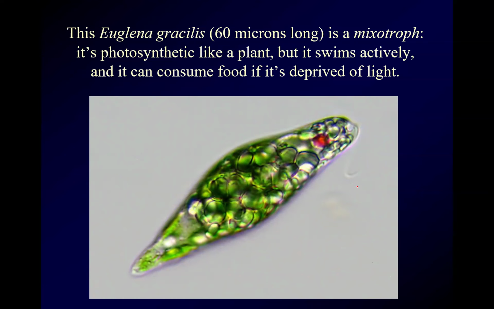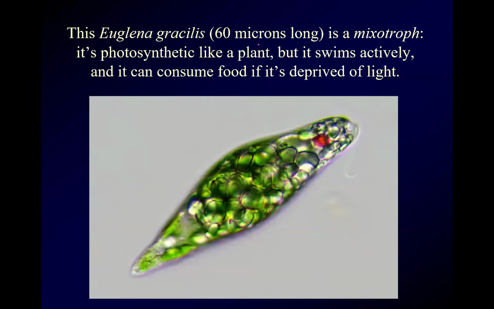And you can't see it clearly here, but it's at the upper right, and it's also got a sort of mouth called a gullet, and it can open this up and engulf food, and it can survive even if it's deprived of light. So it's a nice mixotroph. It can feed and it can photosynthesize, and it might even do both on the same day.